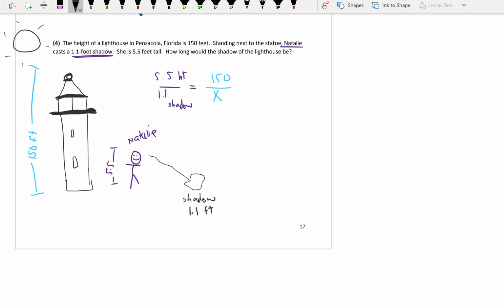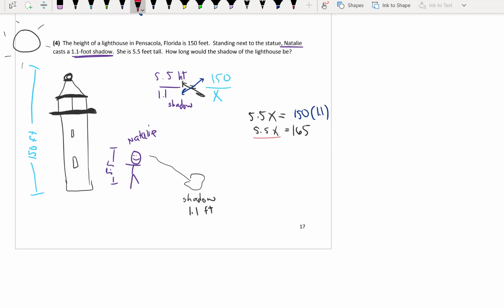So now I'm going to cross multiply. So I'm going to have my 5.5x is equal to, and on the opposite side, I'm going to have 150 times my 1.1. So I'm going to have 5.5x is equal to, and I get my calculator, and I have 150 times my 1.1, and I get 165.